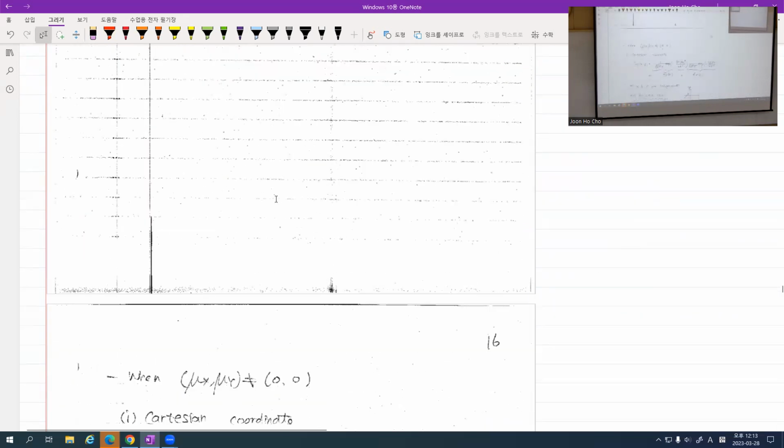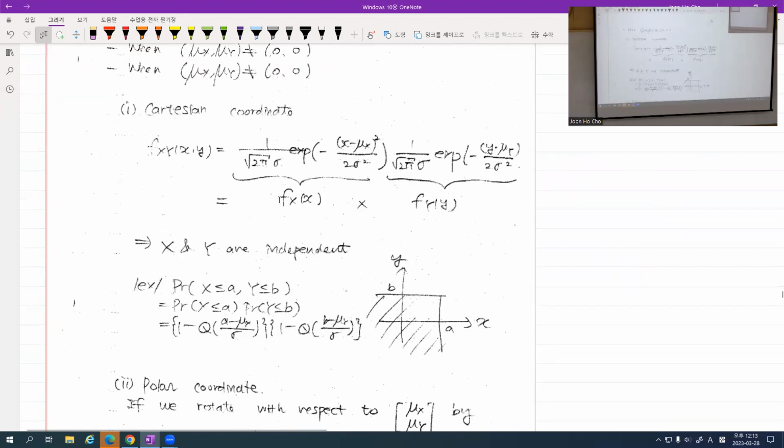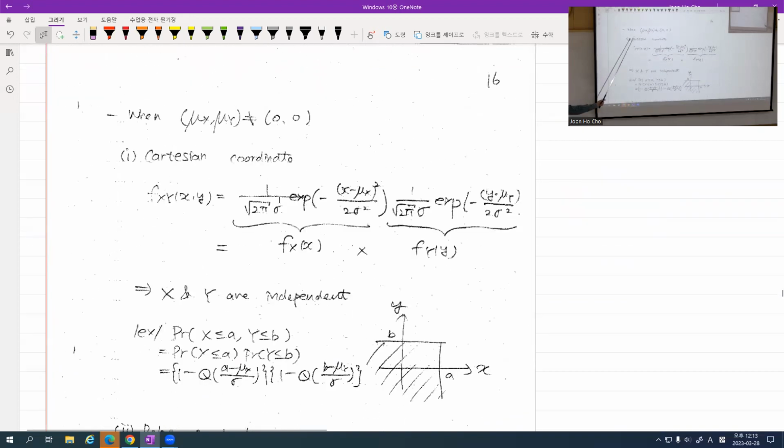Okay. What if we have the non-zero mean case in two-dimensional Gaussian? We have non-zero mean for X and non-zero mean for Y, but the density is still a vector density.